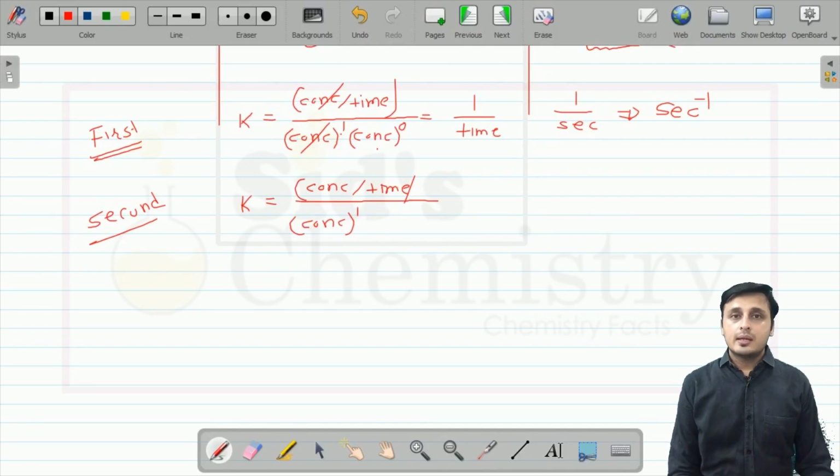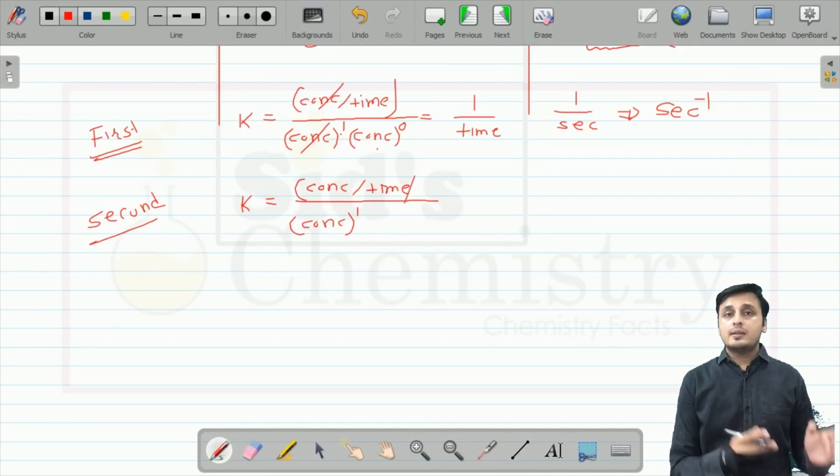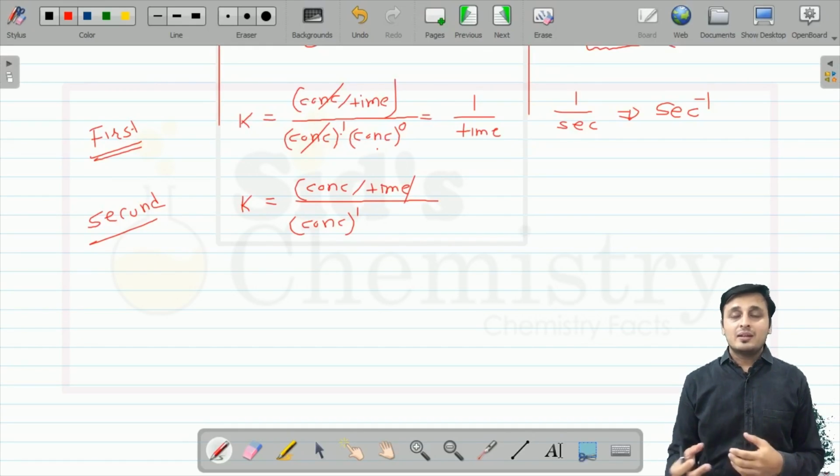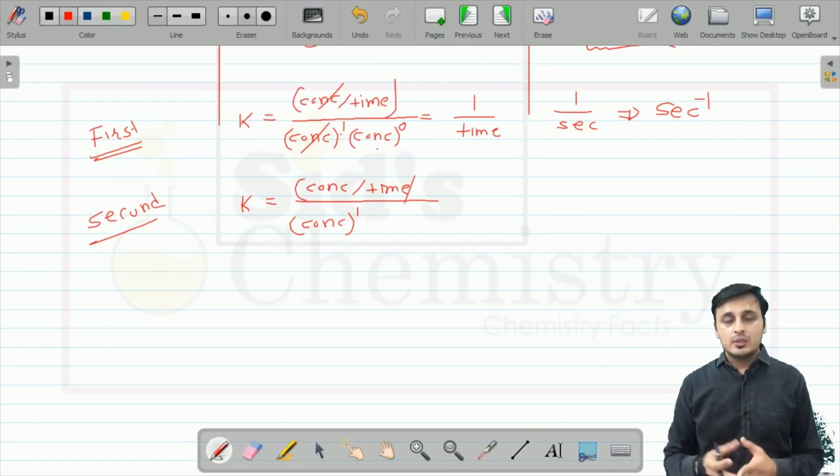If I want to make this a second order reaction, I will have to consider the values of x and y as 1 and 1, or x as 2 and y as 0, or x as 0 and y as 2. I could even consider fractions, but let us make it simpler: I will take x value 1 and y value 1. This way I can easily get it done.